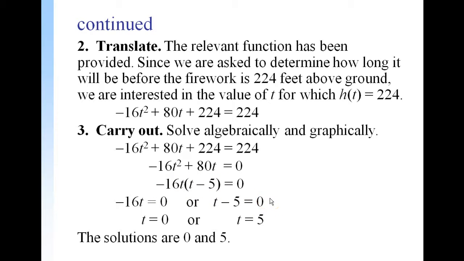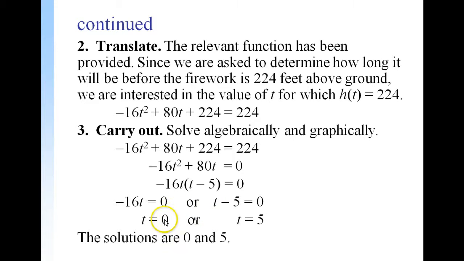Remember, we're using the zero principle of factoring, where if ab equals 0, we equate each of the factors to 0. That's what we've done here. So here it's going to be 0, which we kind of throw out.